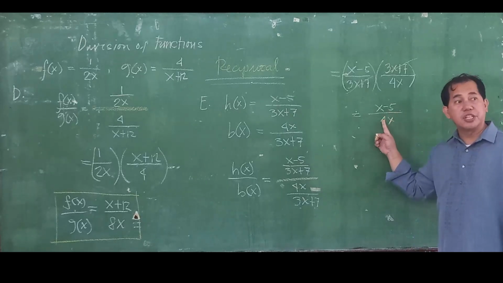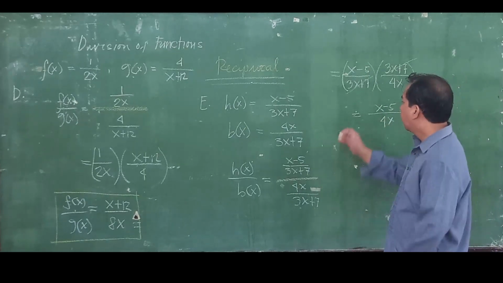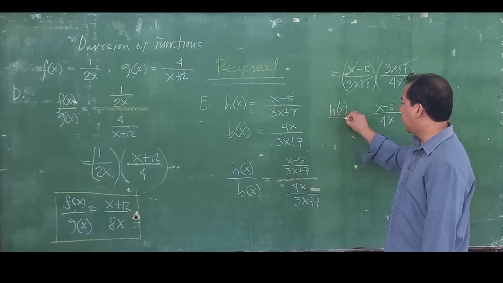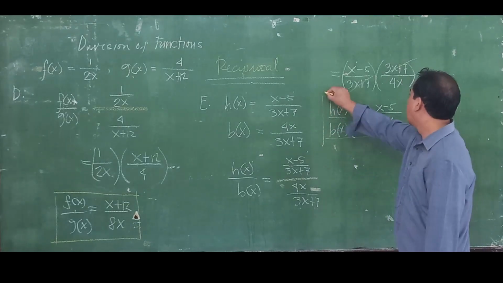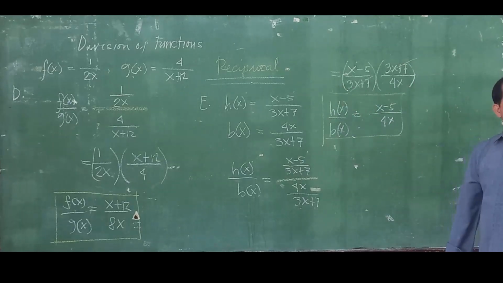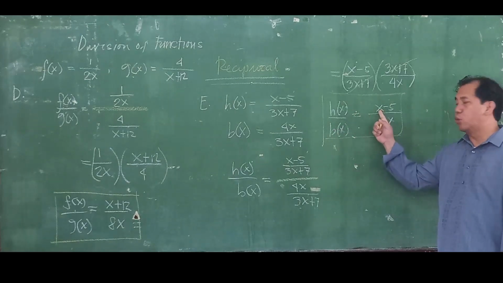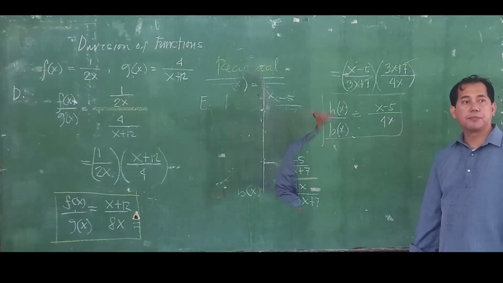It is already in simplified form. So that would be our final result: the result of h of x over b of x is equal to x minus 5 over 4x.